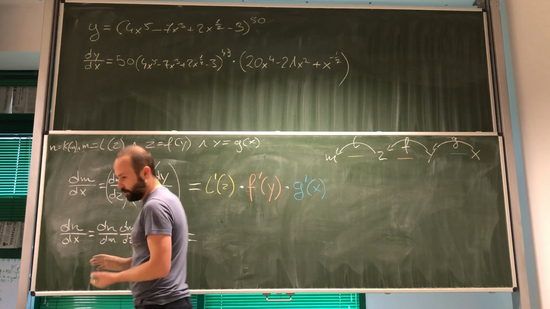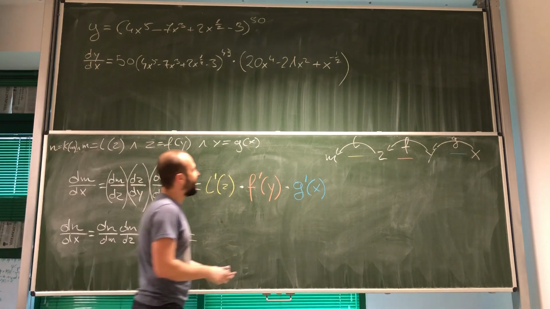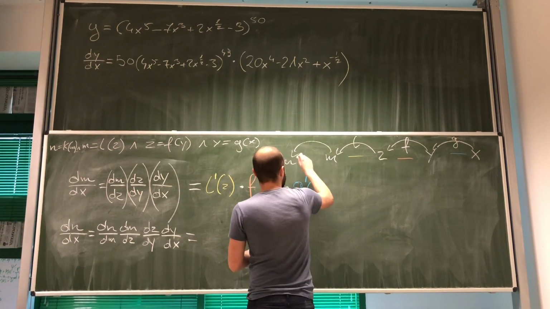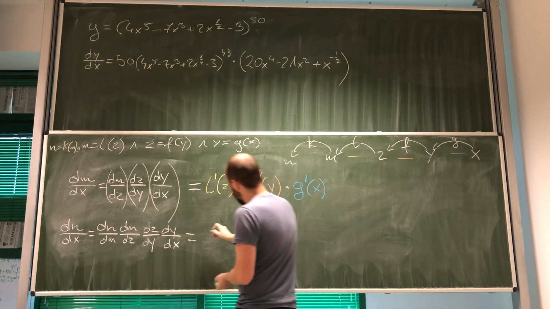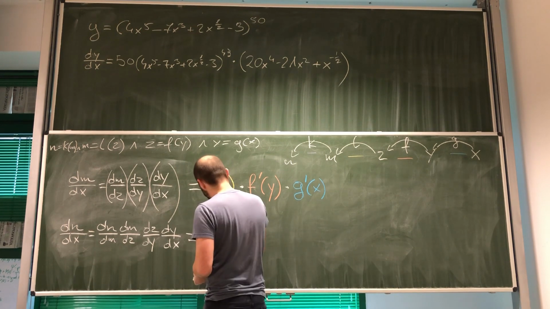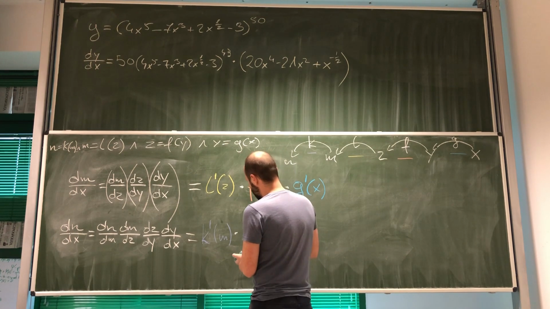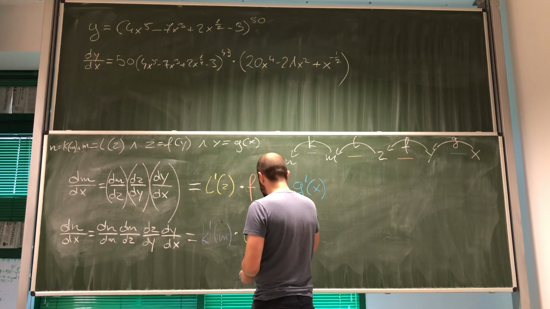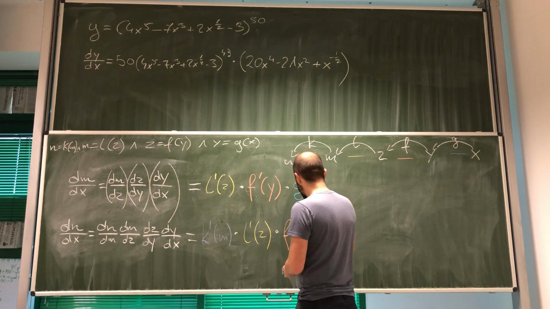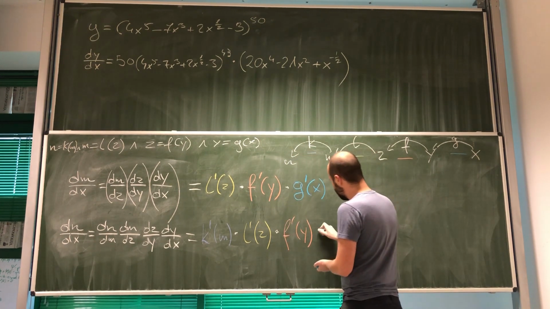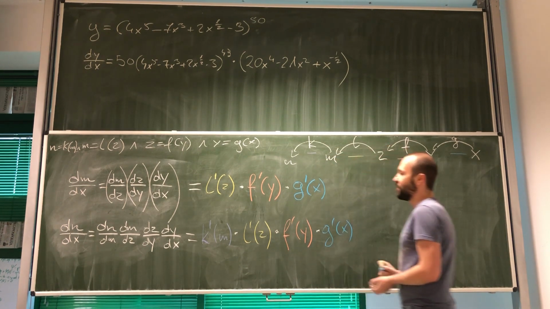So here we would have 4 derivatives, right? Because here we would have another link in the chain of causality that's denoted by purple. And what would we have here? k prime as a function of m times L prime as a function of z times f prime as a function of y times g prime as a function of x.